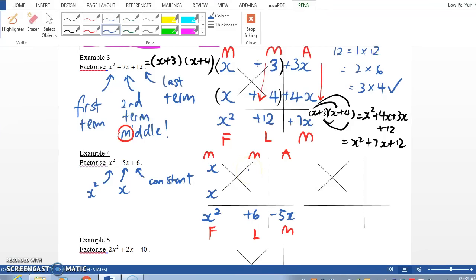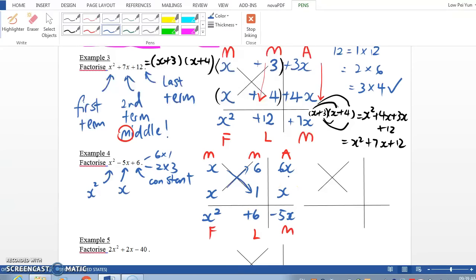Okay, so looking at 6. 6 is 6 times 1, 2 times 3. So which one will give me 5? Right. Let's try 6 and 1. Okay, so we have 6x, this arrow, x times 1 is x.